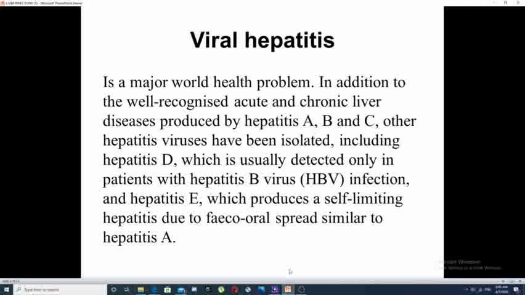That's the viral hepatitis. Different categories of viral hepatitis: hepatitis A, hepatitis B, hepatitis C, and non-A, non-B, or D hepatitis.